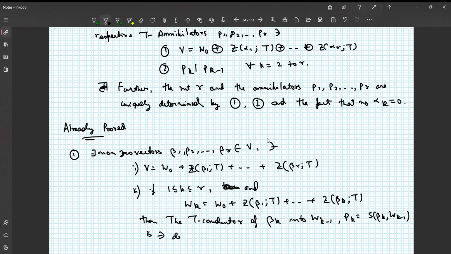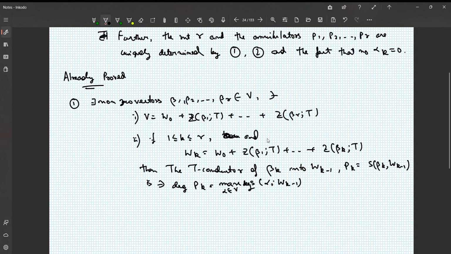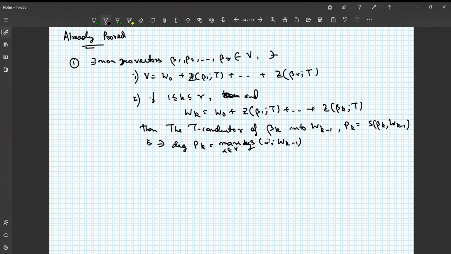I should write it such that the degree of Pk is the maximum degree of all the T conductors into Wk minus 1, so maximum among all vectors. This is what we had proved in step 1.